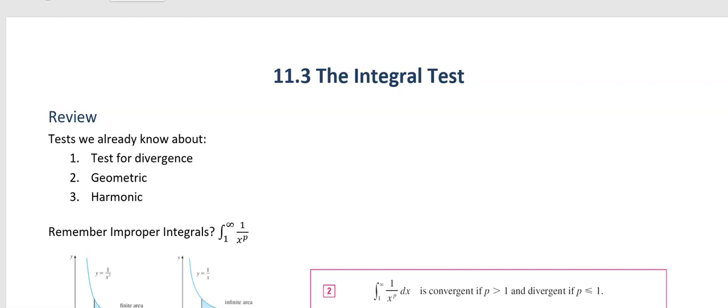Today we're going to talk about another type of test known as the integral test. We already know about three different major ideas for series. The first is the test for divergence, which tells us that if we have a limit as n approaches infinity of a sub n, and this limit does not equal 0, then we know that the series diverges.